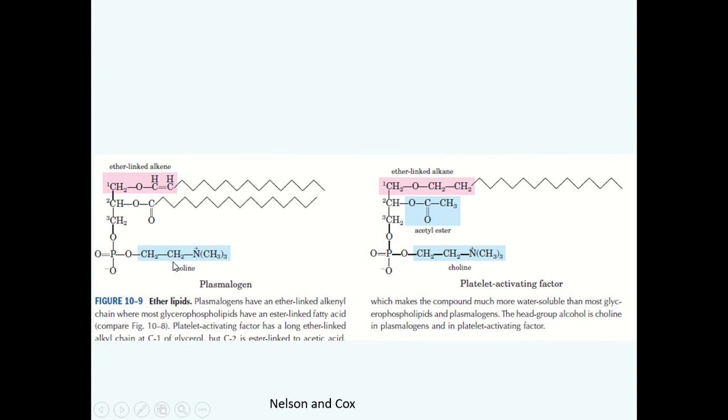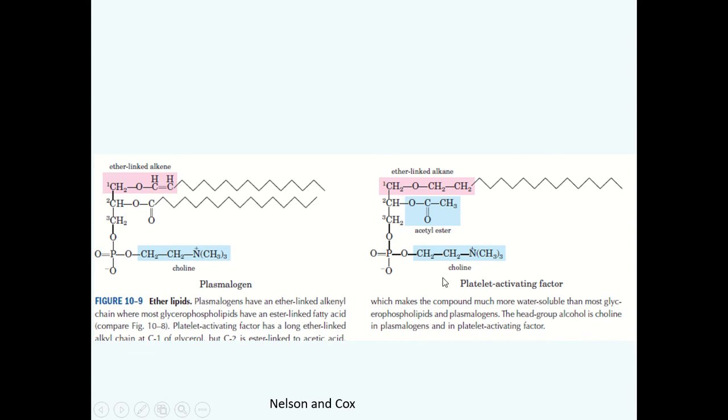Here is a diagrammatic representation of plasmalogen and platelet activating factor. You can see here that on carbon 1, there is an ether linkage. This is glycerol, the phosphate, and the polar head group.